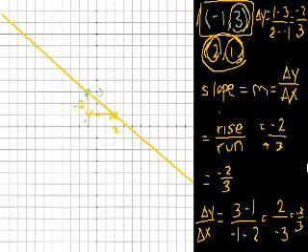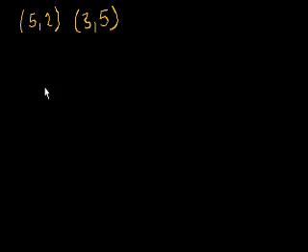And actually, I'm going to do a couple just so you see the algebra without even graphing it first. So let's say I wanted to figure out the slope between the points (5, 2) and (3, 5). Well, let's take this as our starting point. So change in y over change in x, or rise over run.